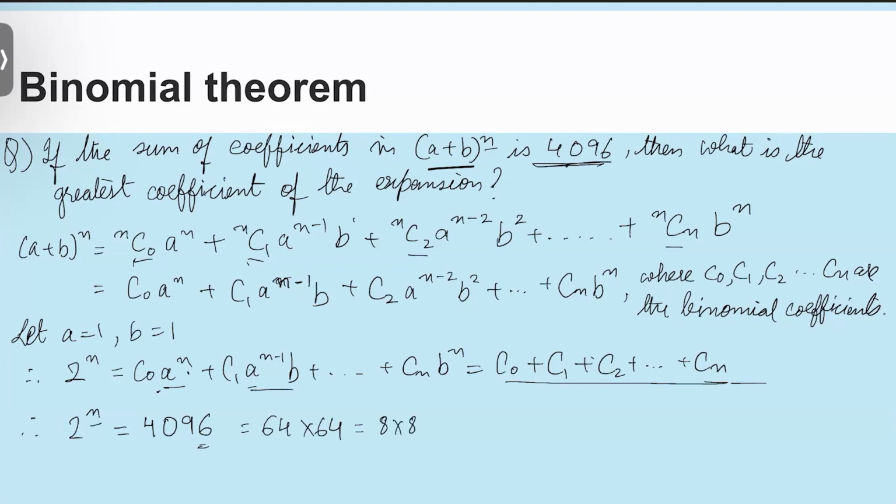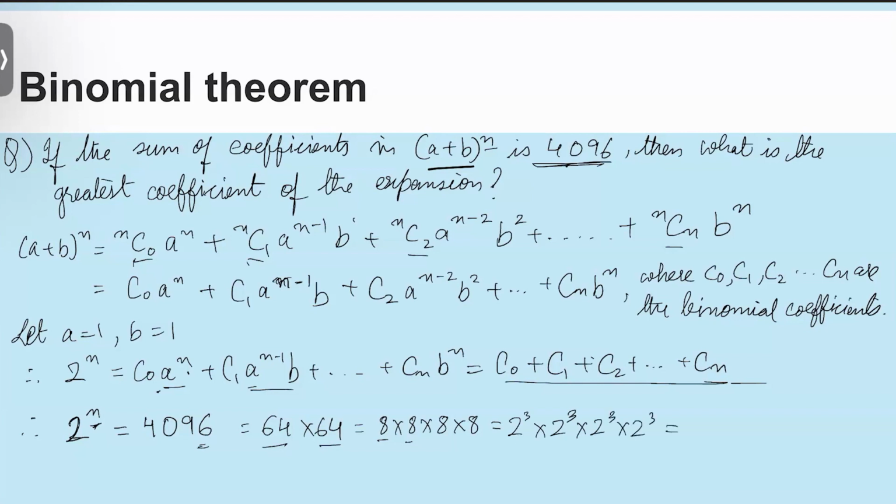We have to find n. So let's try to get this 4096 in the form of 2 raised to something. So 64 into 64 can be written as 8 into 8 into 8 into 8. Now 8 is actually the cube of 2. So this finally becomes 2 cube multiplied by 2 cube multiplied by 2 cube multiplied by 2 cube.